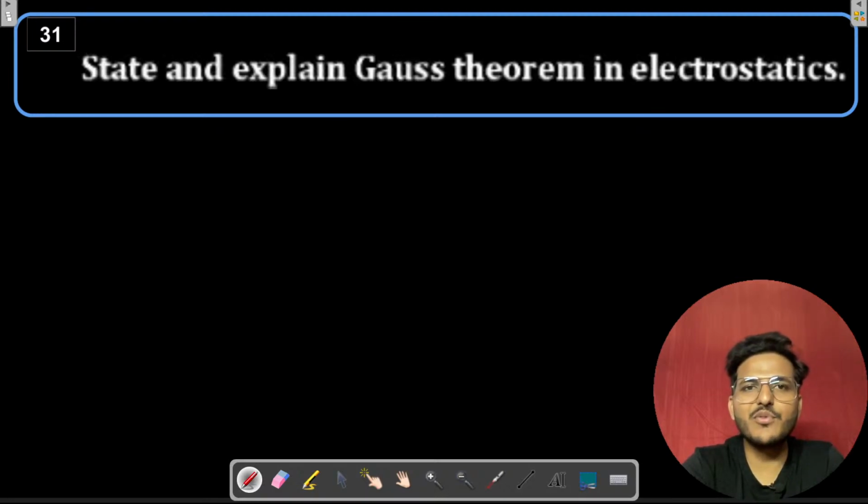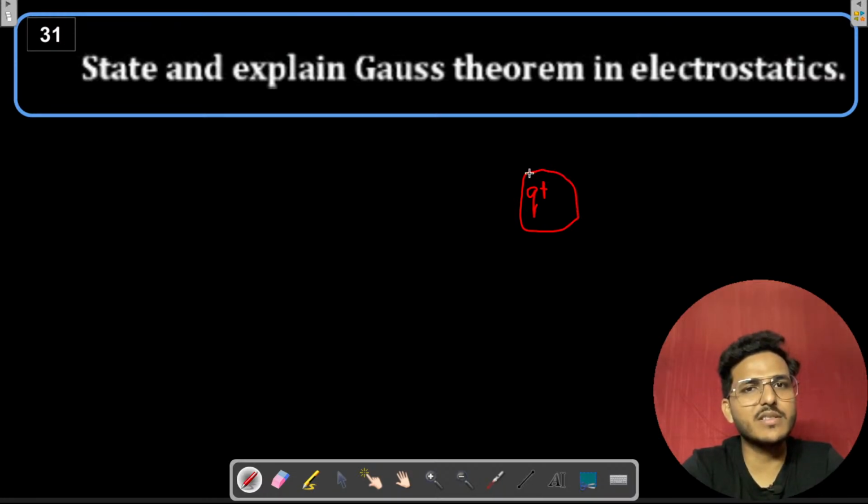State and explain Gauss theorem. What does Gauss theorem say? According to Gauss, if there is a charge, just consider a symmetrical Gaussian surface.